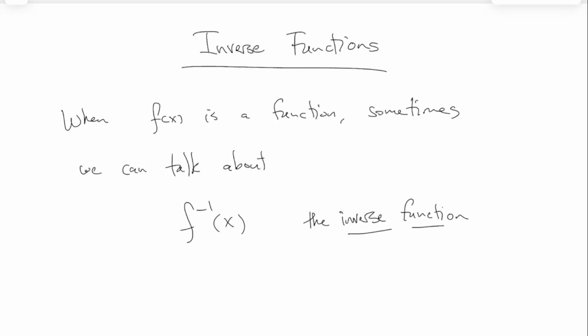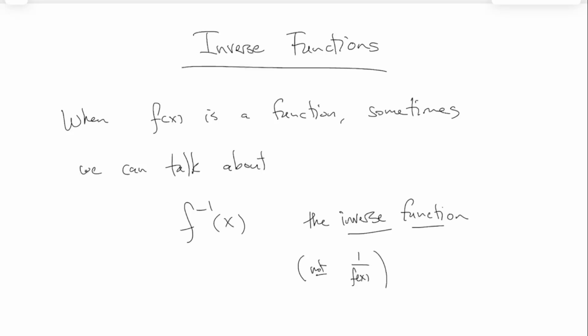When you write a power of -1, that's the same as 1 over, like x to the power -1 is the same as 1 over x. But in this context, this is not supposed to be interpreted as a power -1. It means the inverse function. So let me just say, this is not the same as 1 over f of x. It's something else.